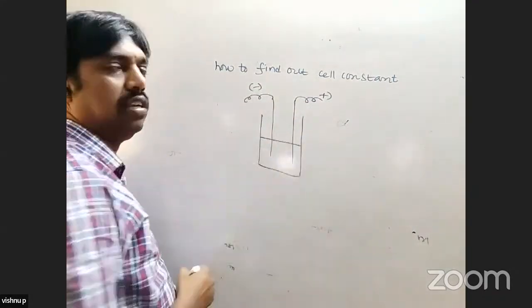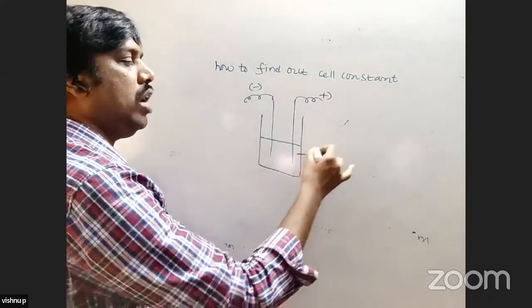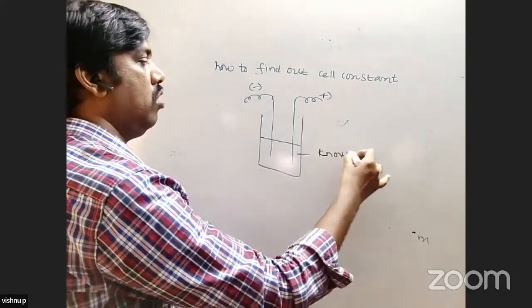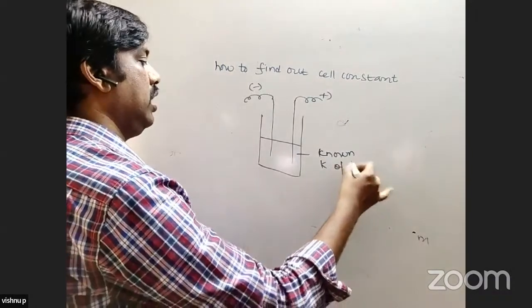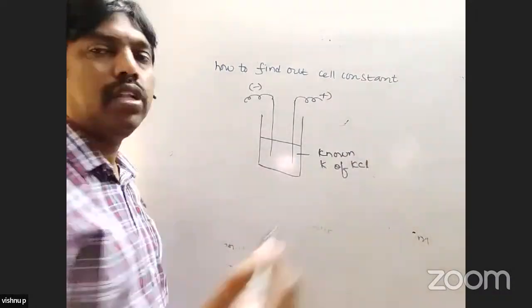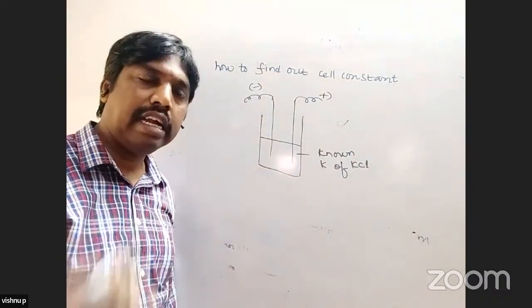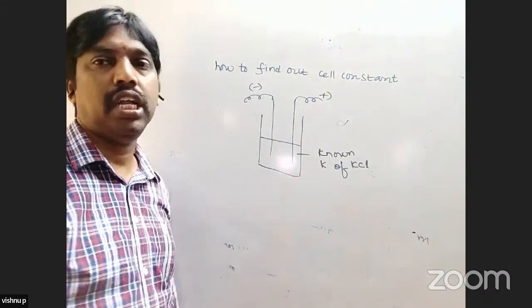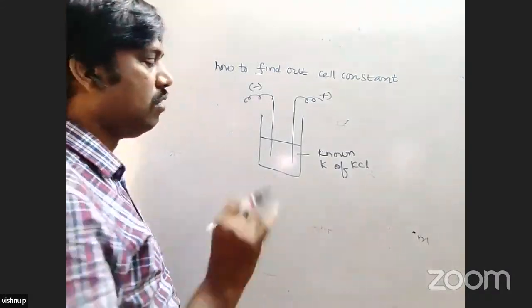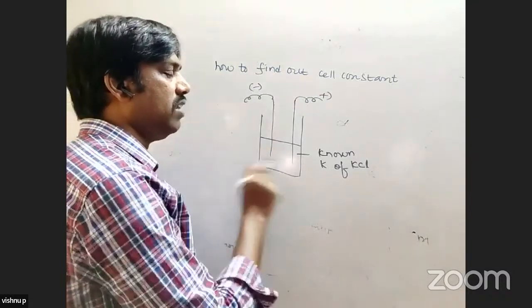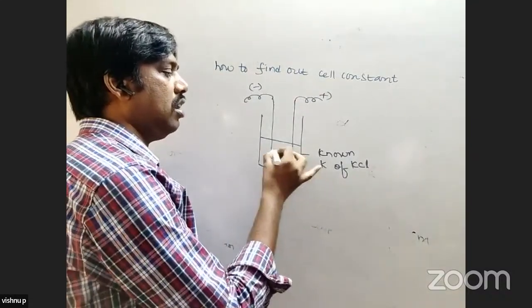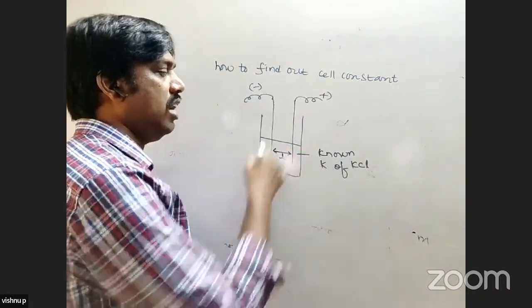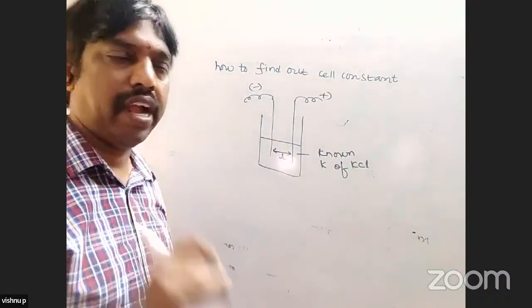And in this, what is known is K. Known K of KCl. We know kappa, the conductivity or specific conductance of the KCl solution that is placed in this vessel. And the distance L and area of cross section we find.